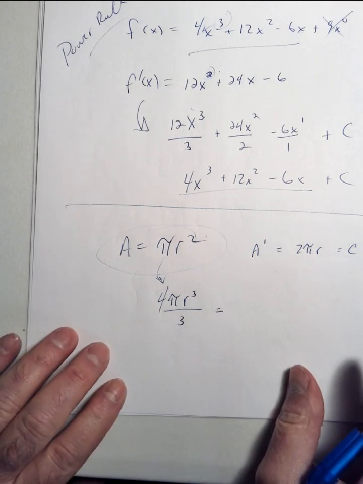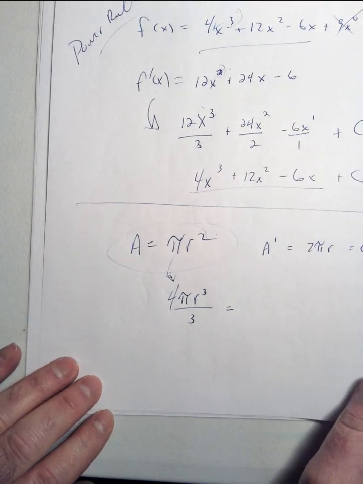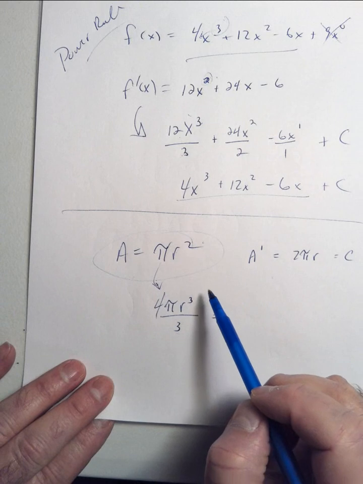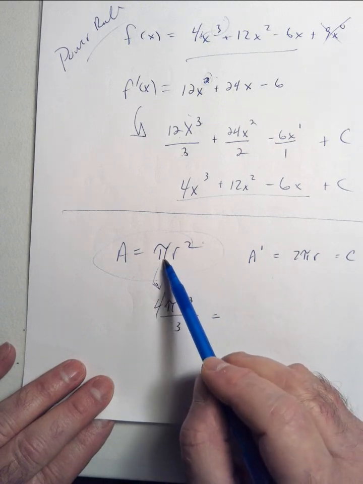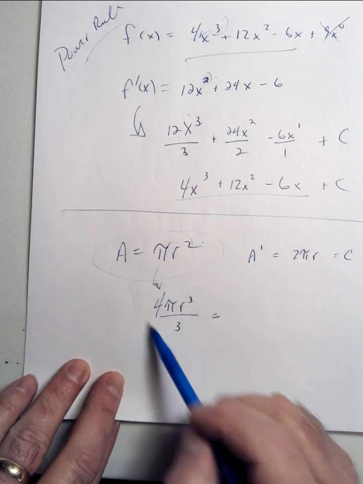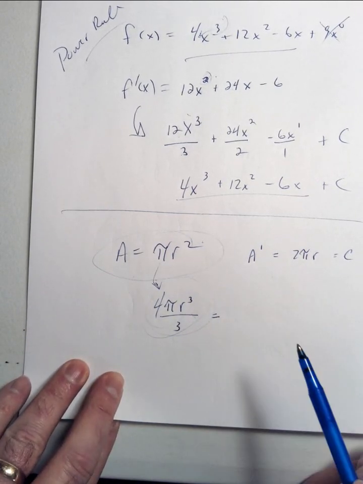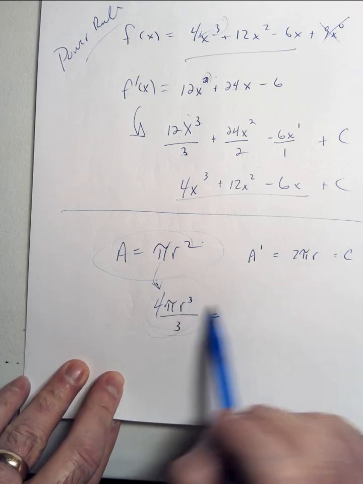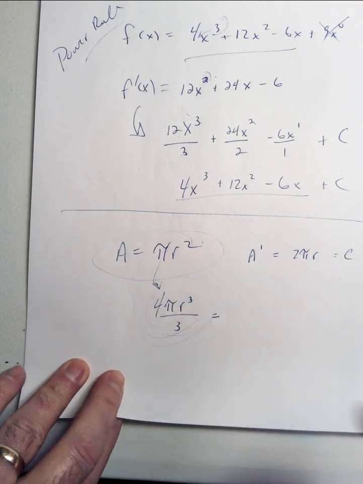Well, I'll come back to that later. It's not happening for me right now, but I know that the integration of the area formula is the volume formula for a circle. So interesting relationships here. Sorry I screwed that up, but whatever.